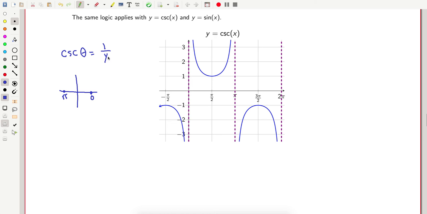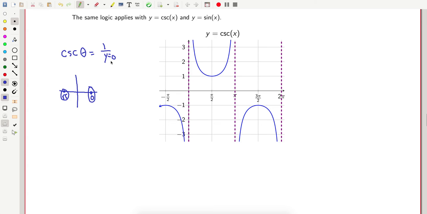So you're going to get a y value of 0 if you have an angle of 0, or 180 or pi, or even going back to the positive x-axis, 2 pi. And also in the negative direction as well: negative pi, negative 2 pi, negative 3 pi.